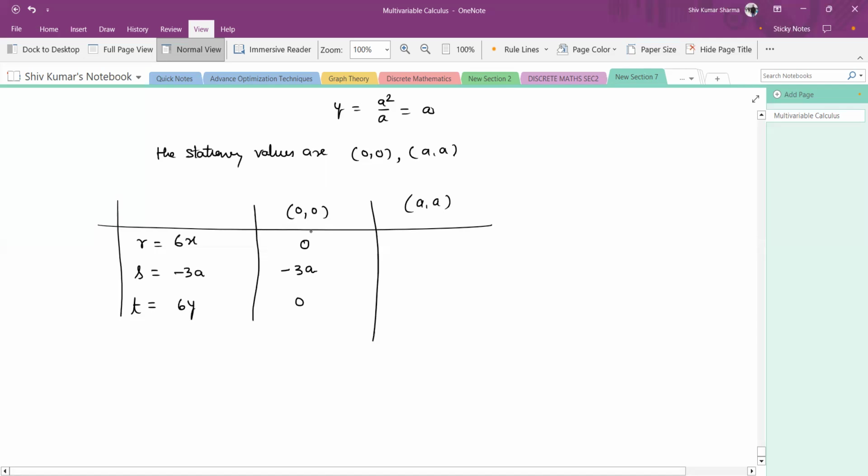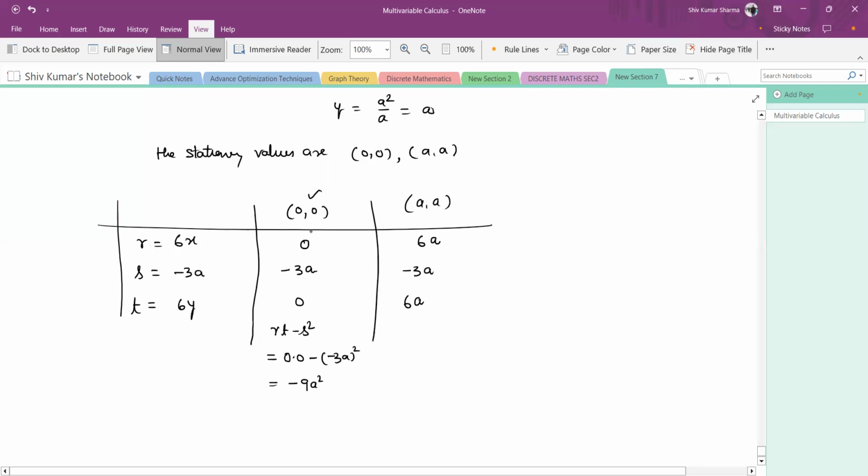Similarly, we write down the values for the point (a, a). Here r is 6a, s is minus 3a since it is constant, and t is also 6a. Now we check rt minus s square for the first stationary point. rt minus s square is 0 into 0 minus (minus 3a) square, which gives minus 9a square.